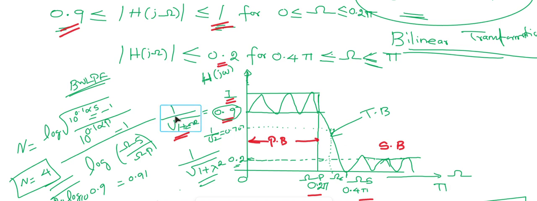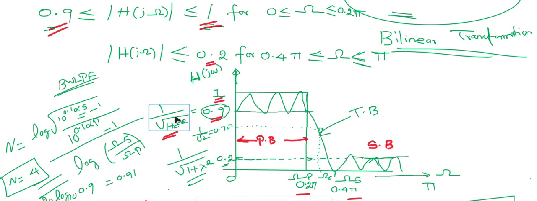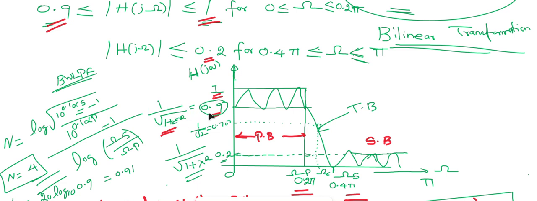Already we derived the Butterworth low pass filter. The cutoff gain 1 by root 2, which is equal to 0.707, gives the cutoff frequency omega c, and this is the pass band edge frequency. This is the stop band edge frequency 0.4 pi.